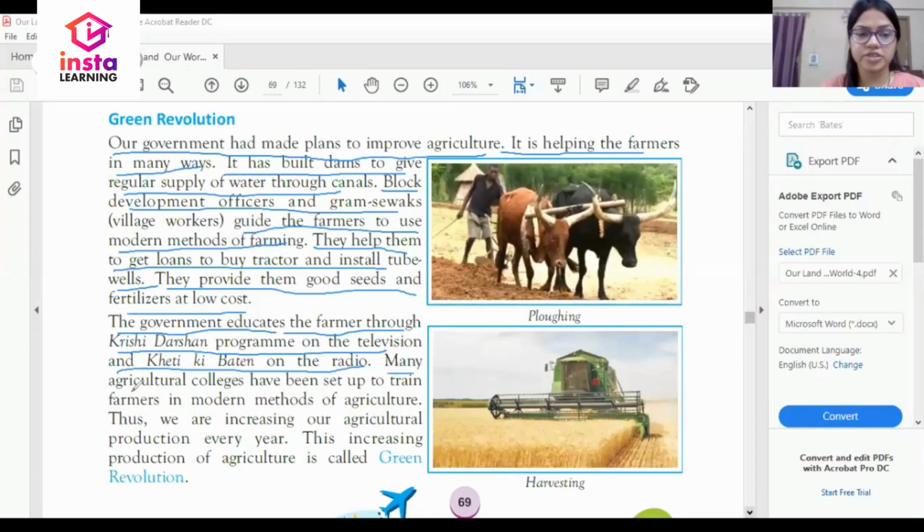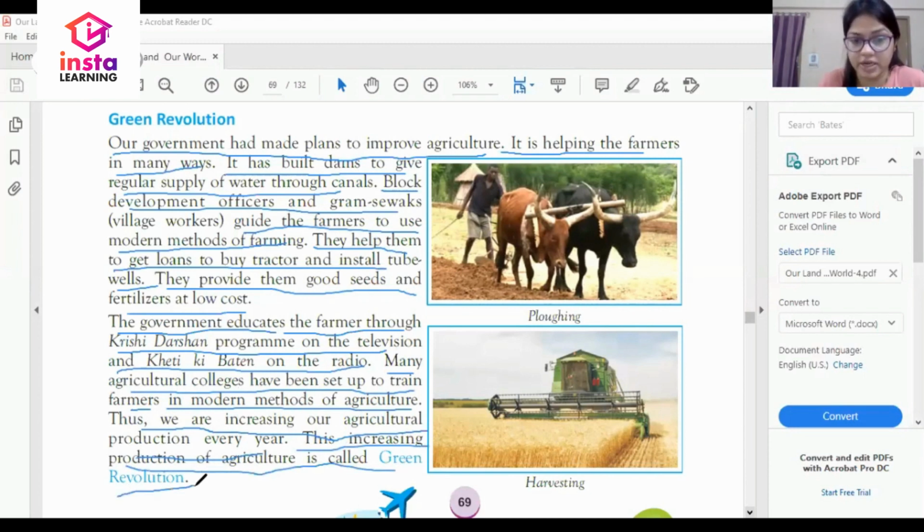Many agriculture colleges have been set up to train farmers in modern methods of agriculture. Thus, we are increasing our agriculture production every year. This increasing production of agriculture is called the green revolution.